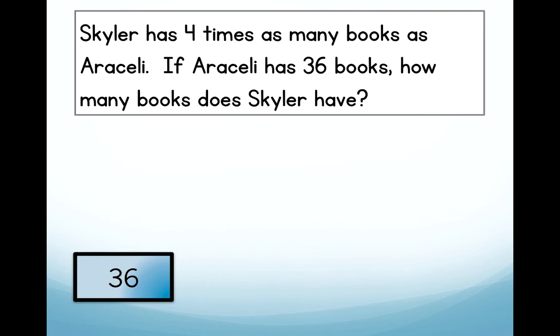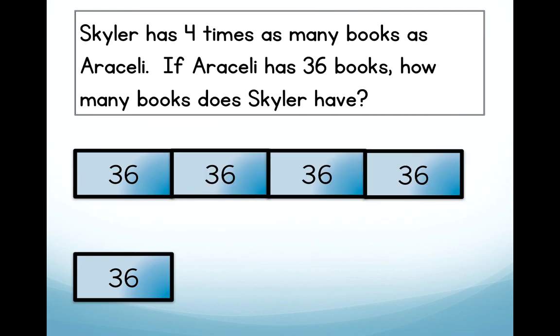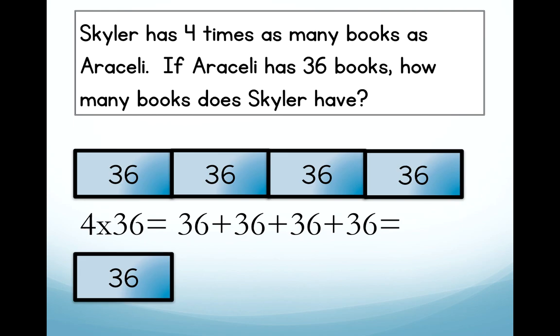And again, if Skylar and Araceli had equal number of books, then Skylar would have 36. But the problem says Skylar has 4 times as many books. So she has 4 sets of 36 books, right? Which means that's 4 times 36.